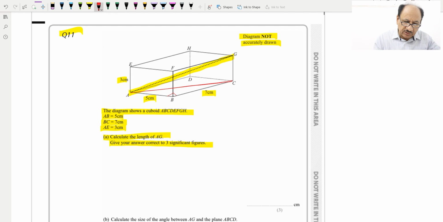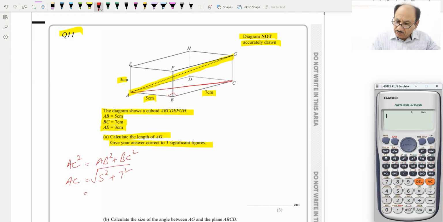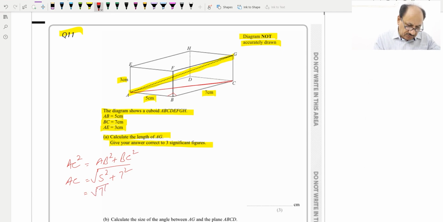So B angle will be 90 degrees, and we can write AC square is equal to AB square plus BC square, and AB is 5, so AC is equal to the square root of 5 square plus 7 square, which is the square root of 74.